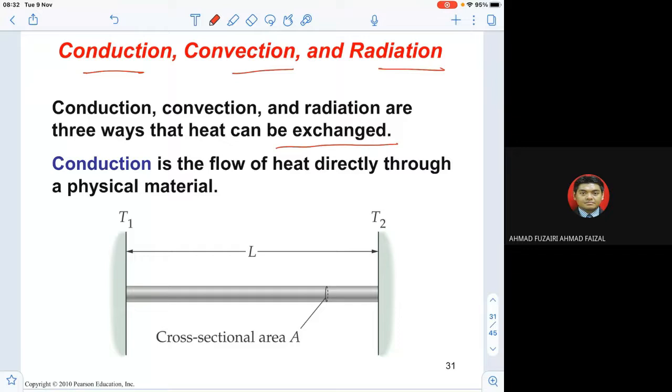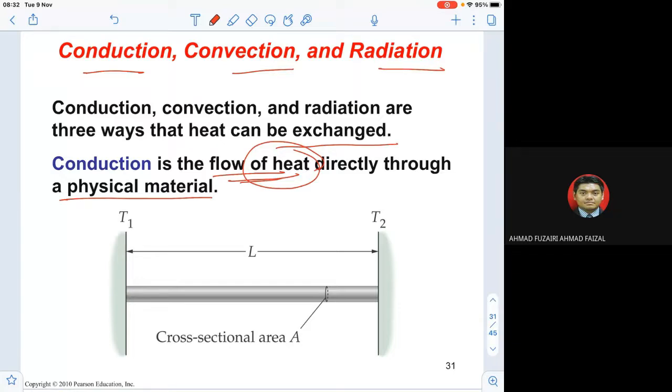So first is conduction. Conduction is the flow of heat directly through a physical material. That means in conduction you need contact between the bodies.